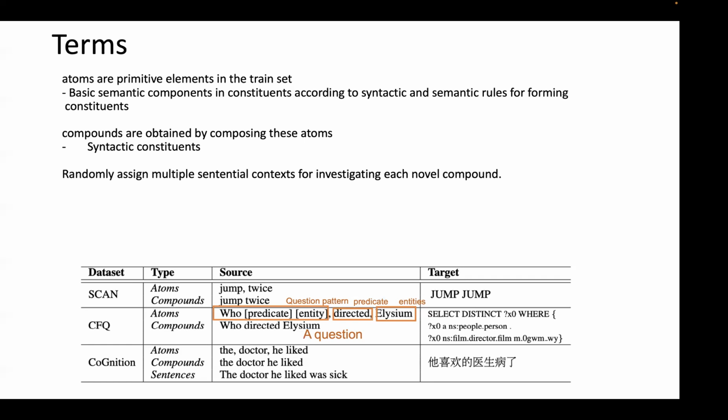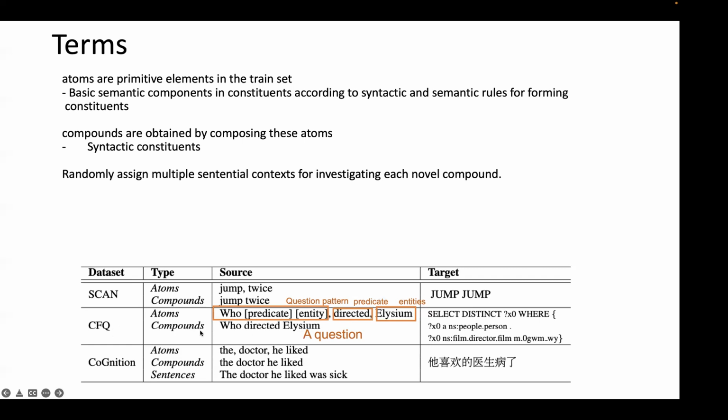Right. So is that appropriate? Can these examples, this analogy or these metaphors, be extended to CFG or CFQ? From what they claim in the paper, they think this is an appropriate pattern for CFQ.